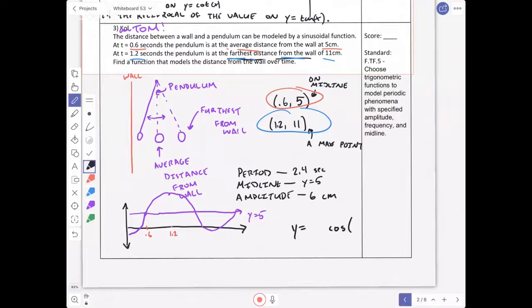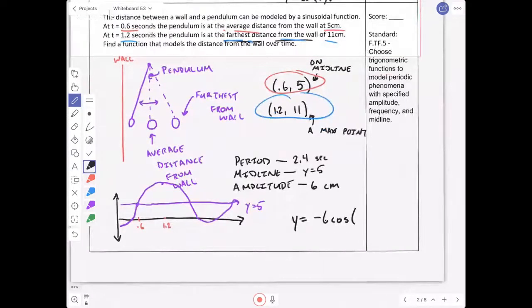Negative 6 cosine of something. I know that the period equals 2 pi over the b value in the function. So that means that b should equal 2 pi over the period.